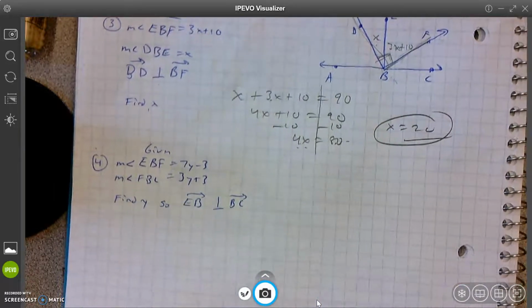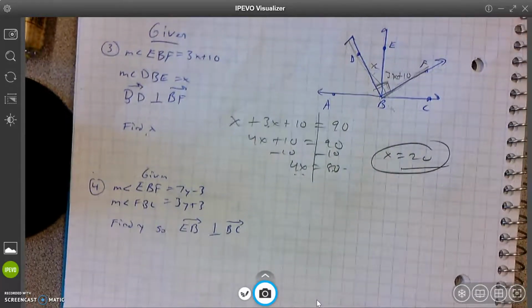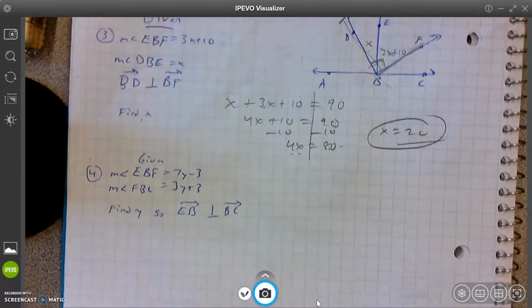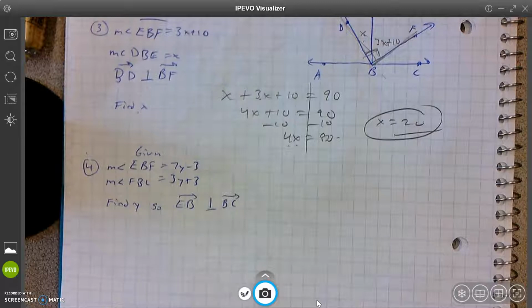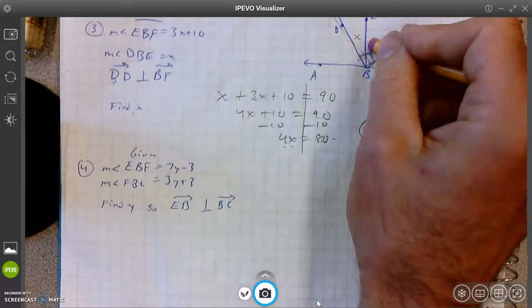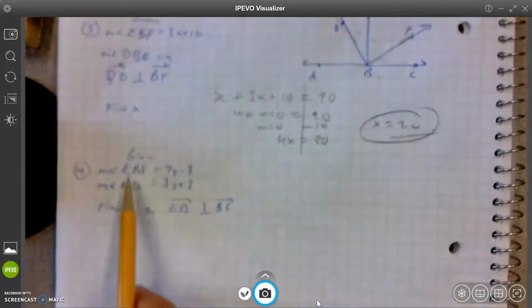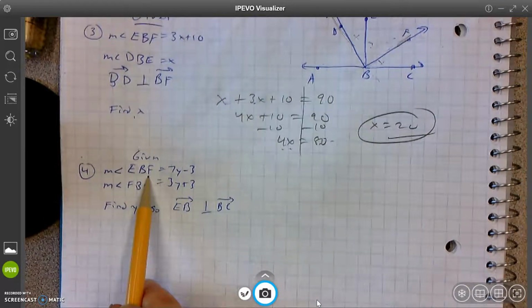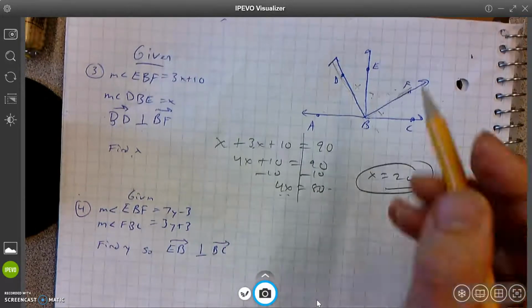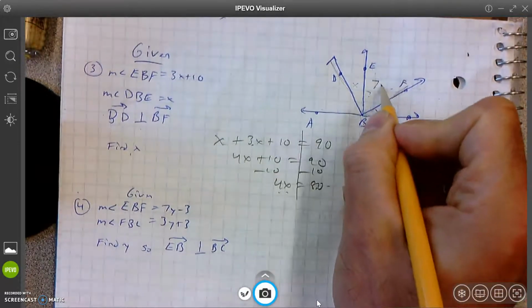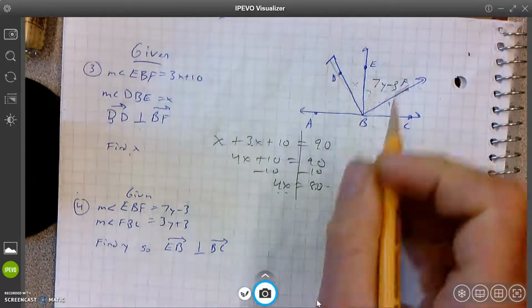Number 4. Try this one on your own. Go. All right, let's see what we got. Maybe I need to erase this. This is why I have a pencil. Measure of angle EBF is 7y minus 3. So EBF is 7y minus 3.